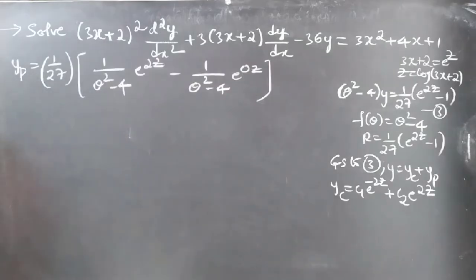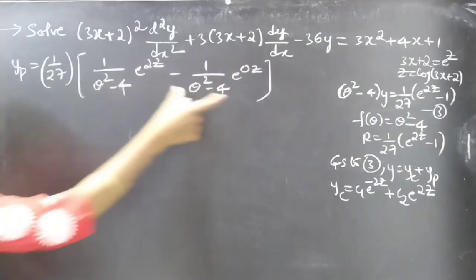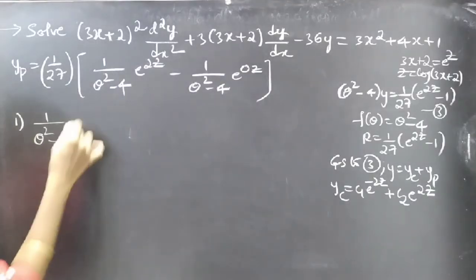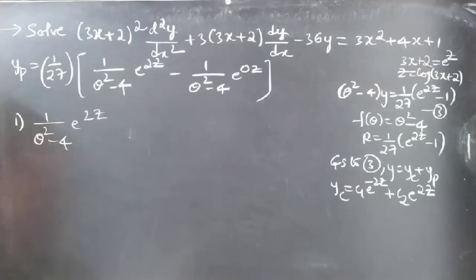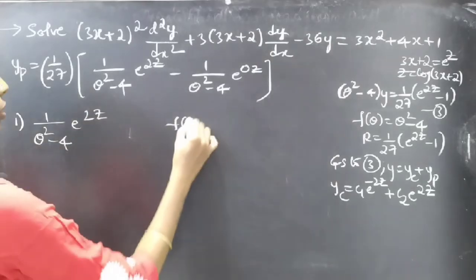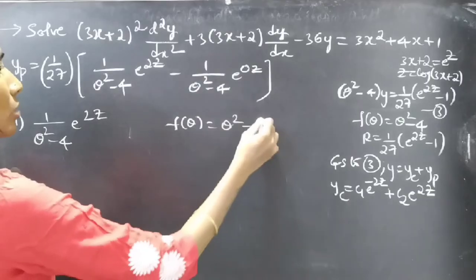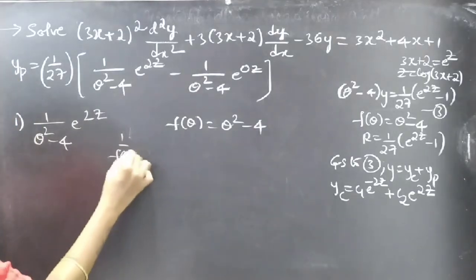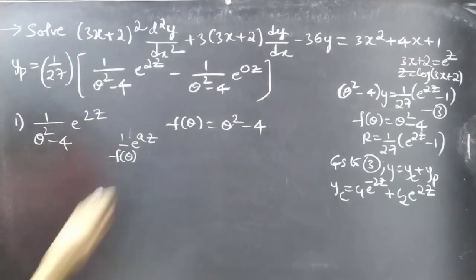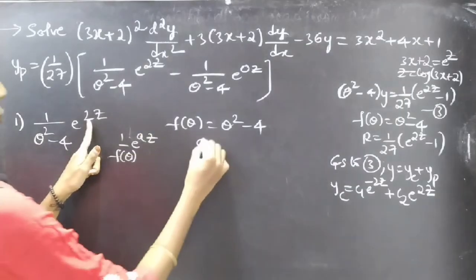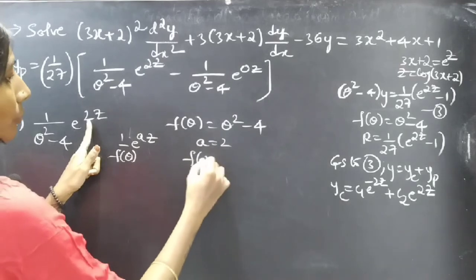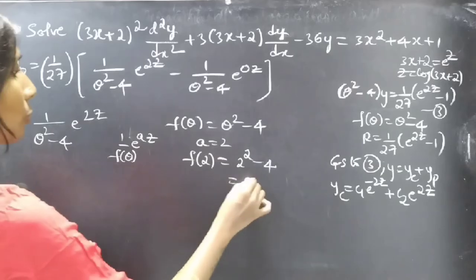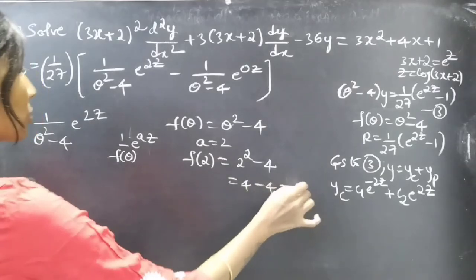If you feel confused, we can find these two separately. Here we have f of theta equal to theta square minus 4. This is of 1 by f of theta into e power az type. Then for a equal to 2, we find f of 2, which equals 2 square minus 4. Just replace theta by 2, then you'll get 4 minus 4, which equals 0.